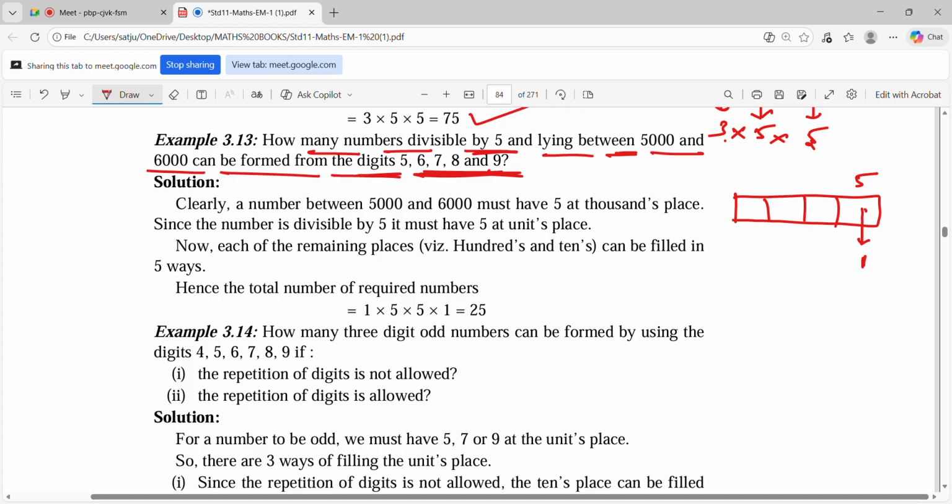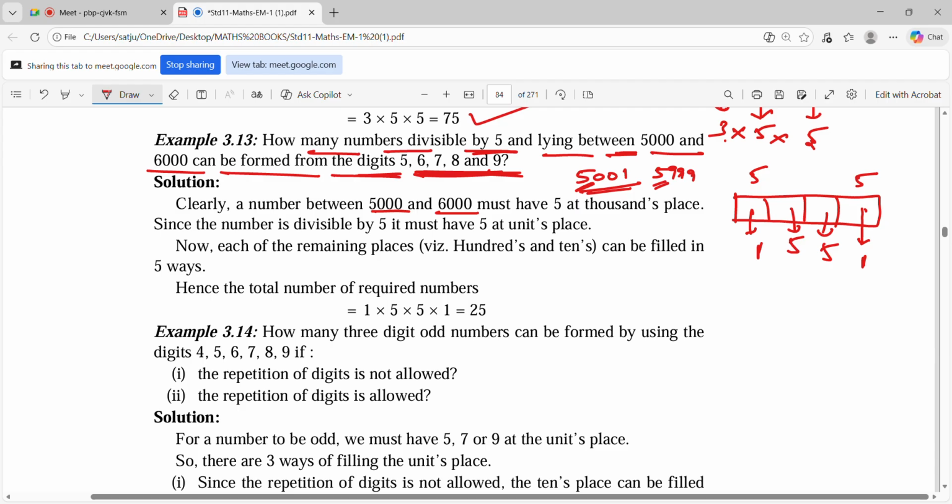Between 5000 and 6000 means start with 5001 up to 5999. So the thousands place also has 5, only one possible. To fill the rest, 5 possibilities here and 5 here, because all 5 digits can be placed here.